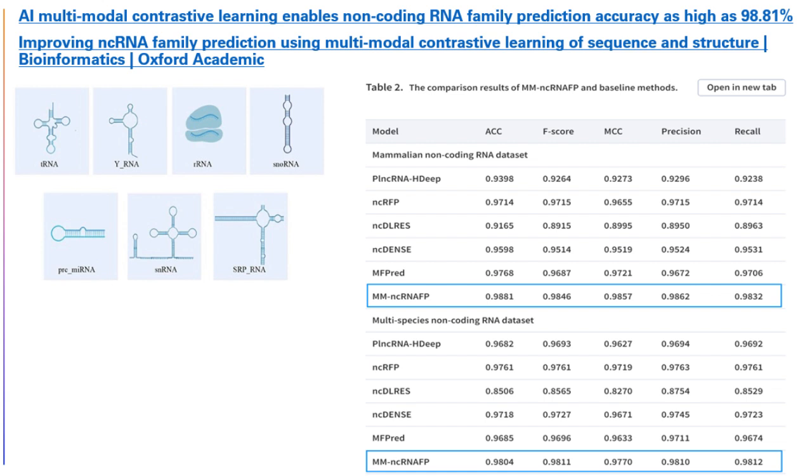That's their accuracy listed here. They studied the non-coding. They have 7 types. This one tRNA, and so on. They use this multimodal, like multiple structures, using the transformer.